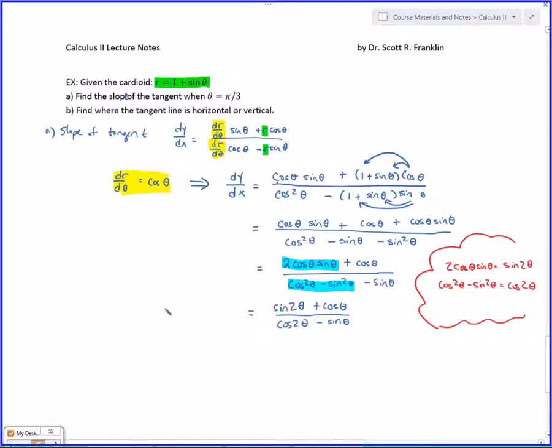All right, so that makes part A at least a little bit easier, I think. dy dx at theta equals pi over 3 would give me sine of 2 pi over 3 plus cosine of pi over 3, divided by cosine 2 pi over 3 minus sine pi over 3.